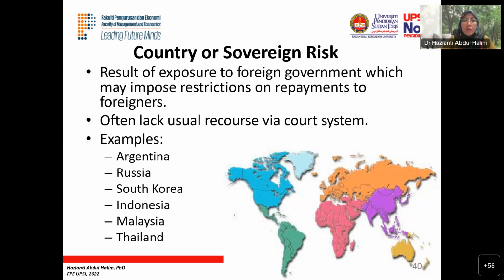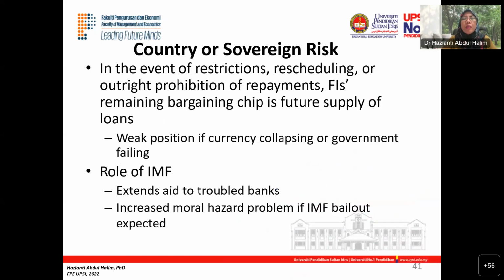Often lack usual recourse via court system. So, these are the examples of country ataupun sovereign risk lah. Ni contoh je lah country or sovereign risk when you deal with other countries. So maybe in some cases, there are events of restrictions. And this is where the IMF comes in, International Monetary Fund.